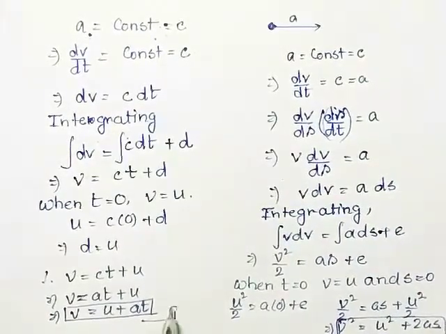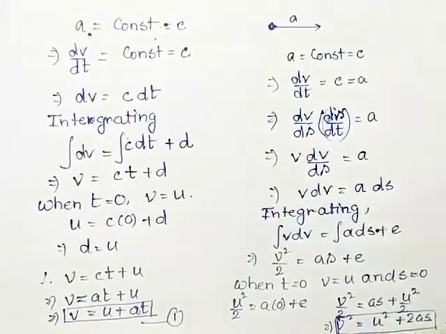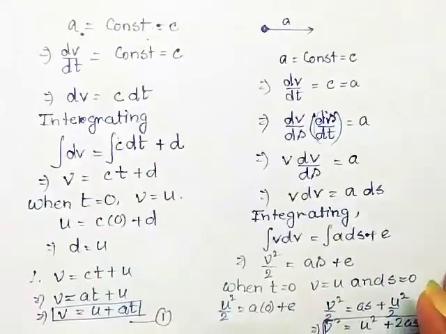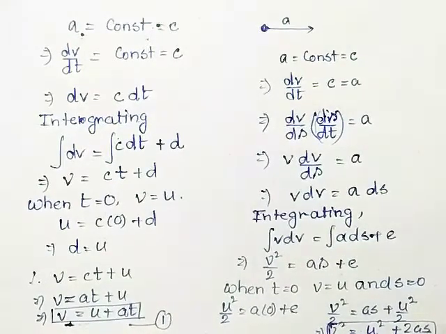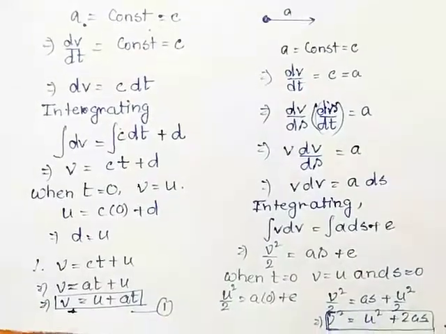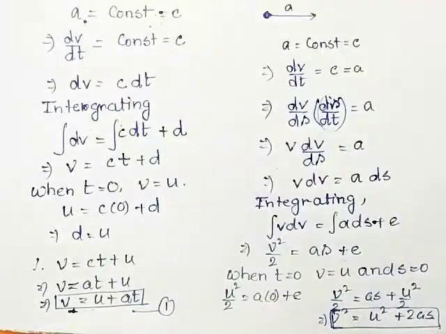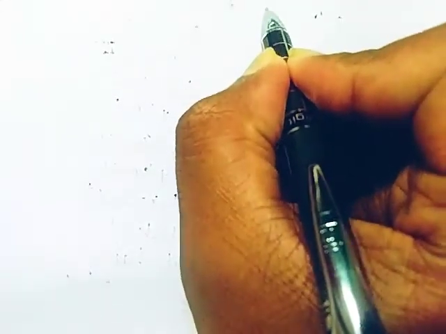The first equation of motion we obtained by integration of acceleration. Now if I integrate again, what will we get? Let us see. The equation that we have considered is v equal to u plus at.